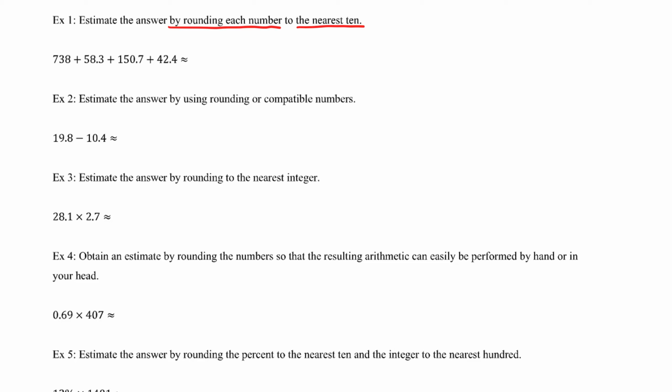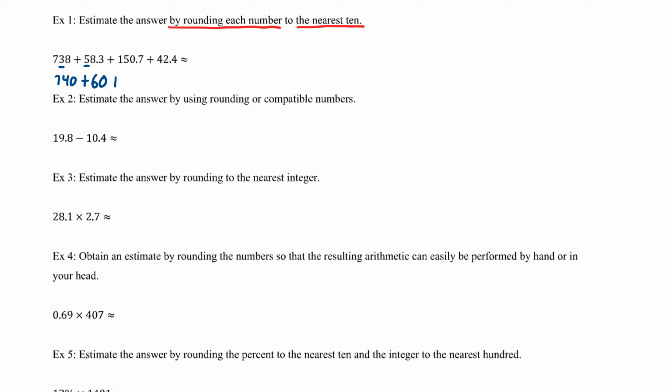So if we look at this, we have 738. We're rounding to the 10, so this is our 10. The number to the right of that is 8, which is bigger, so we're going to round this to 740. With the second one, our 10 is the 5. The number behind that is 8, so we're going to round that to 60.